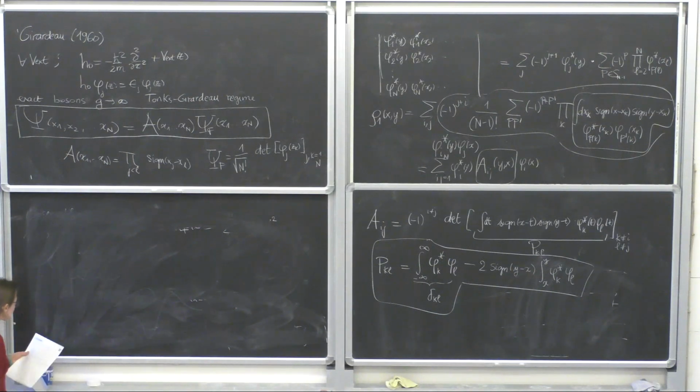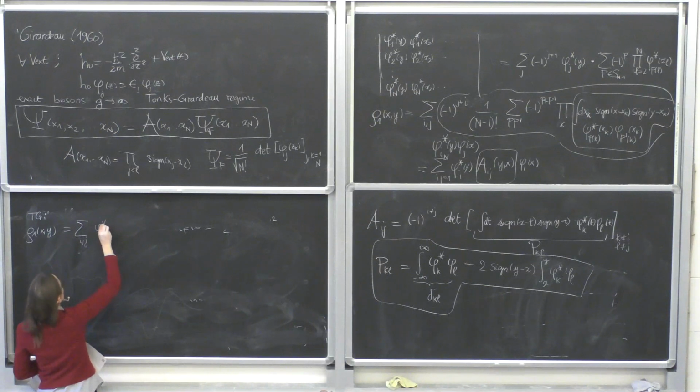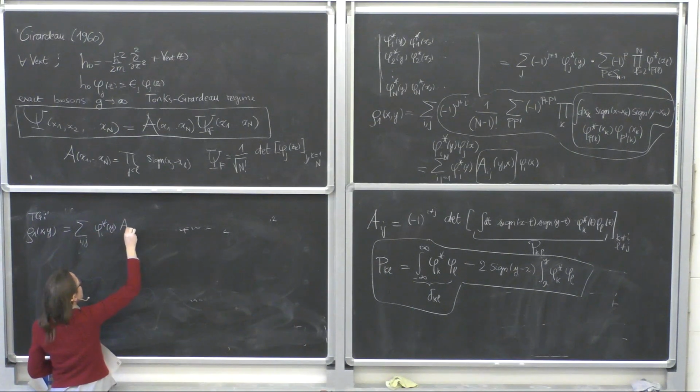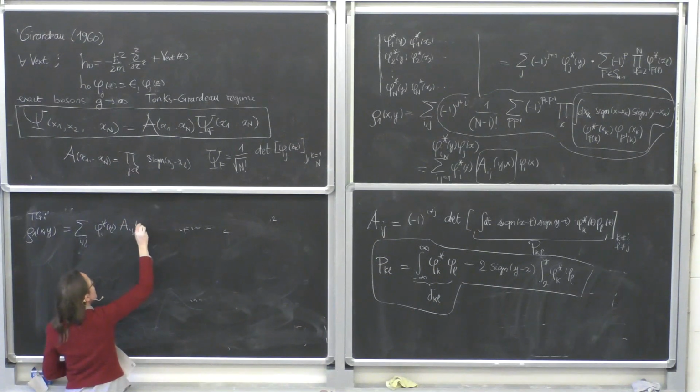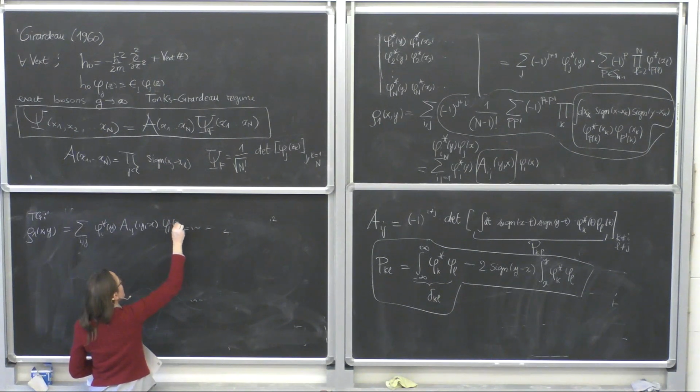Because there are many things that we are going to learn from this. So then, for a Tonks-Girardeau gas, the one-body density matrix is the sum over i and j of phi star i of y, some function aij of y,x, phi j of x.